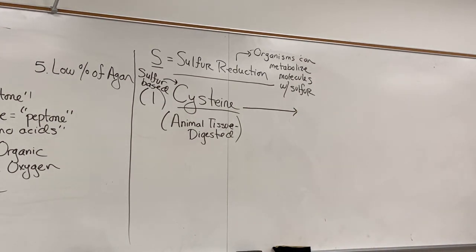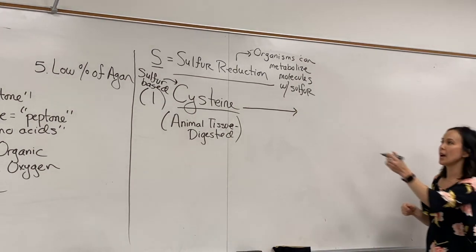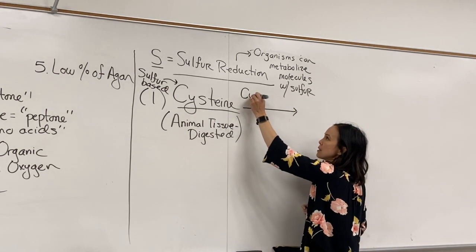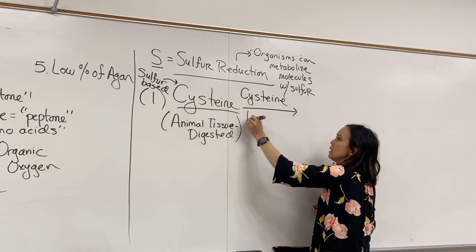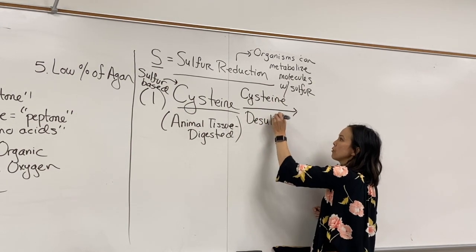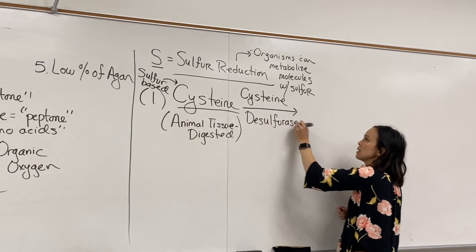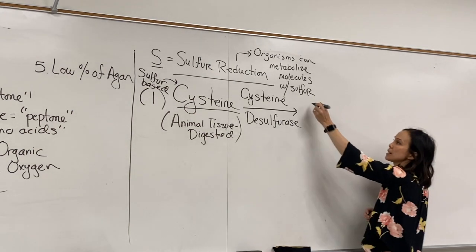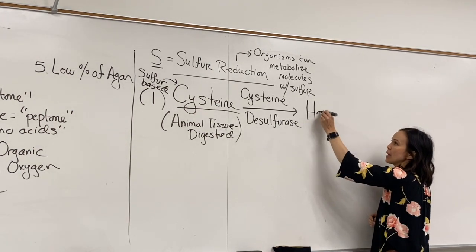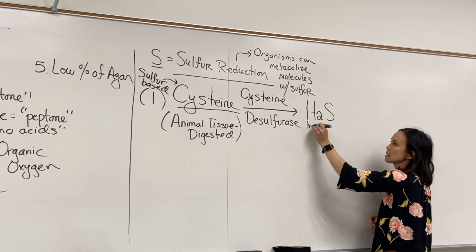In order to break it down and use it, they have to have an enzyme called cysteine desulfurase. If they have that enzyme, they'll break down the cysteine, and the end product is hydrogen sulfide gas.